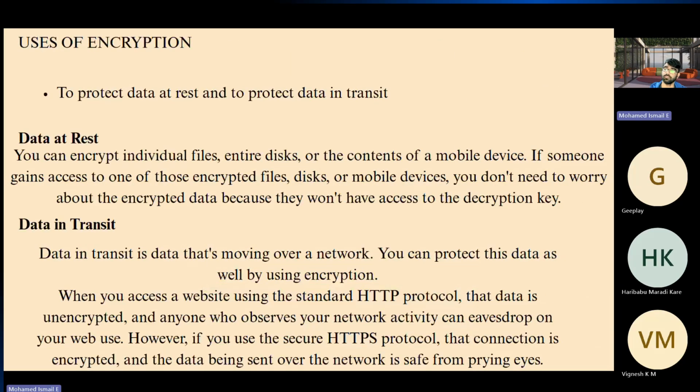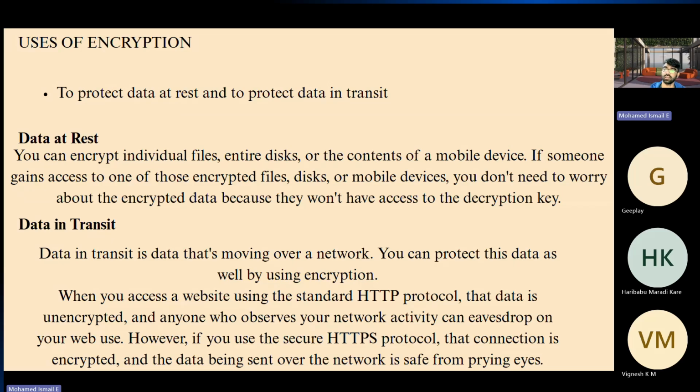Next, we just talked about algorithms, how encryption works, how many keys are needed. Now, where can we apply that logic? Data at risk: when we need to protect data in transit or data at rest, right?